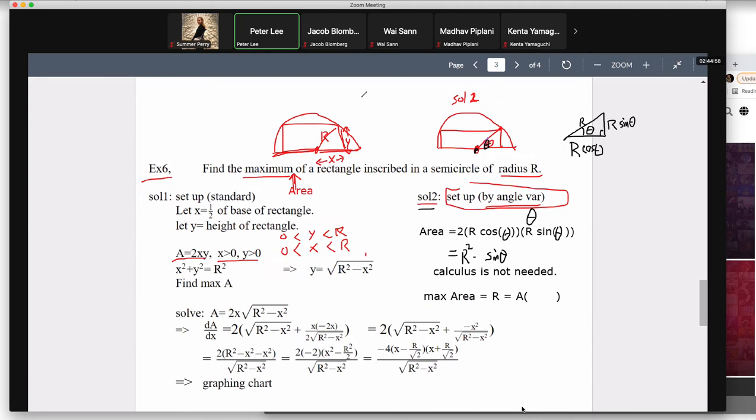Let me write this down. r squared, because we know the maximum value of sine theta. Sorry, it's not sine theta, it's sine 2 theta.